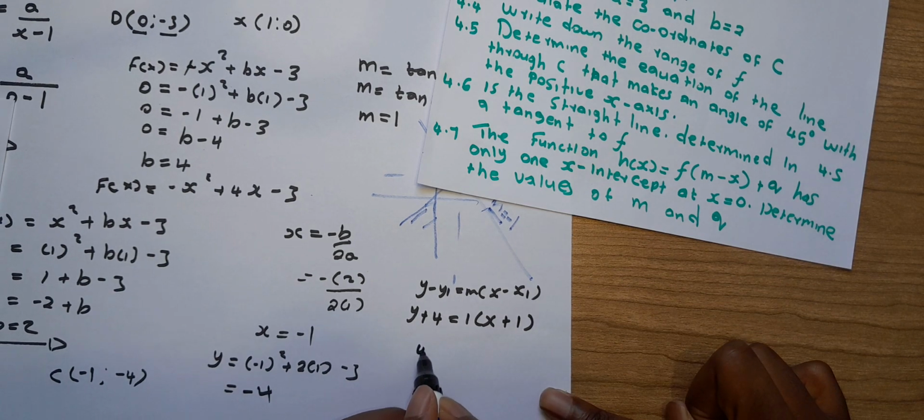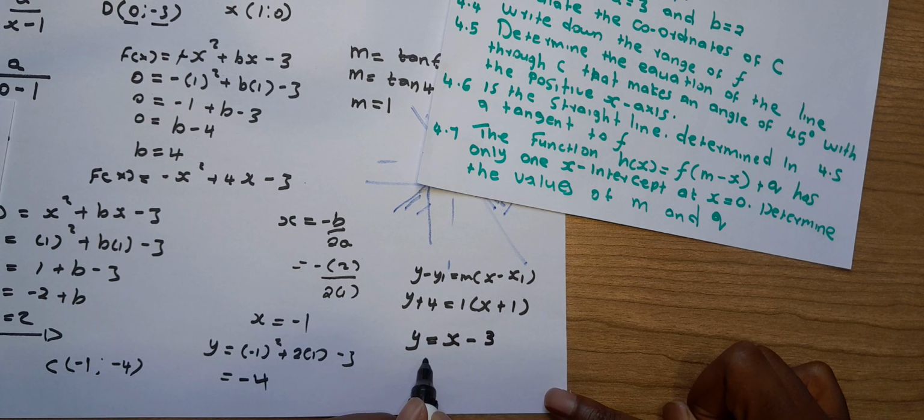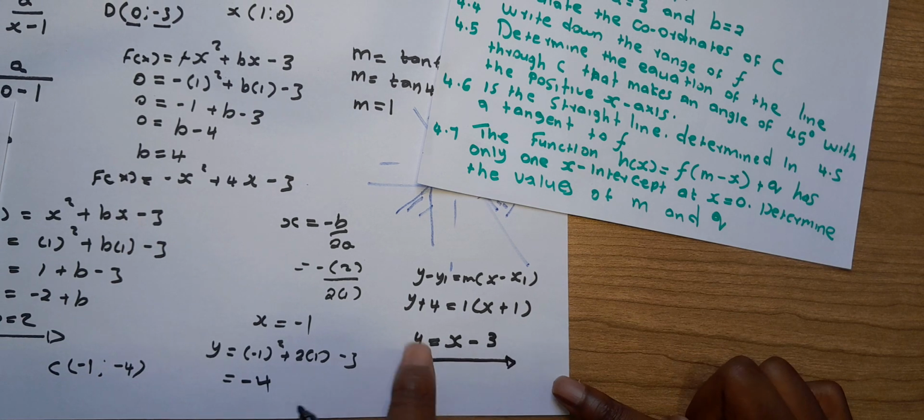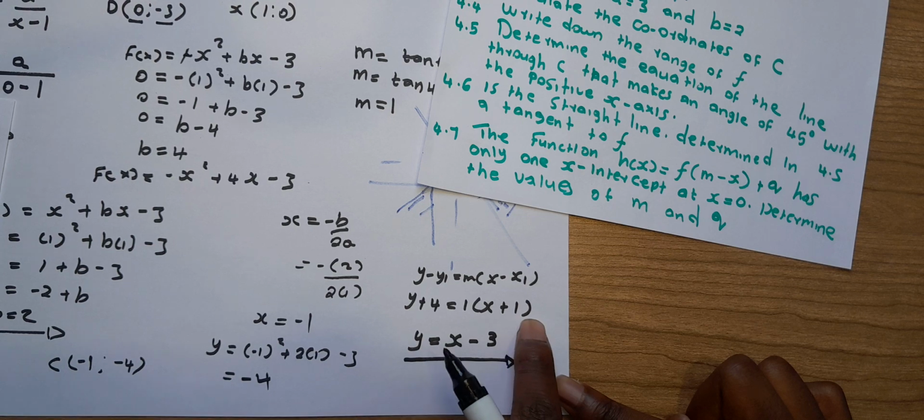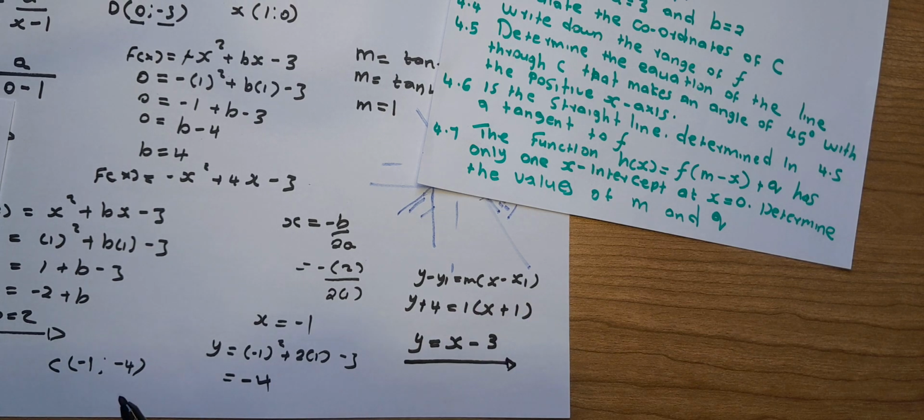So we get that y equals x minus 3. Because this one is going to go here and we're going to have 1 minus 4, that is actually minus 3, right?